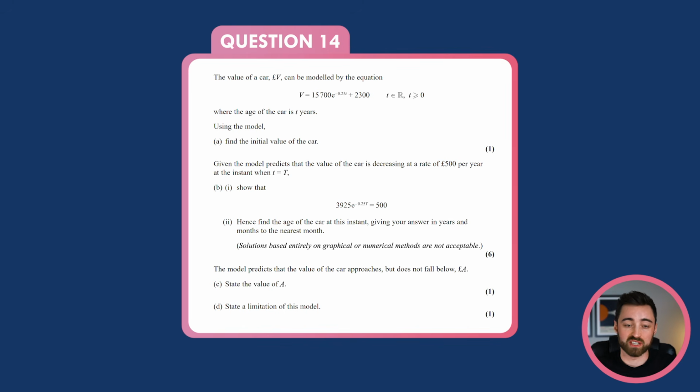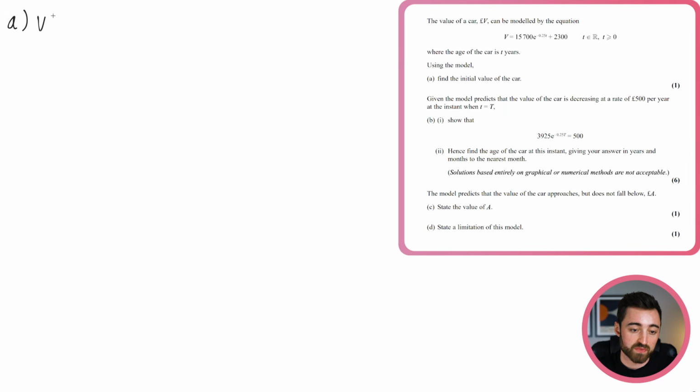Okay? Well, initial is t equals 0, isn't it? Right? Obviously, age is t years. If its age is 0 years, that's basically like it being new, isn't it? So all you need to do is sub t equals 0 into this equation. So V is going to equal 15,700, and then you're just going to get e to the 0, essentially, plus 2,300.